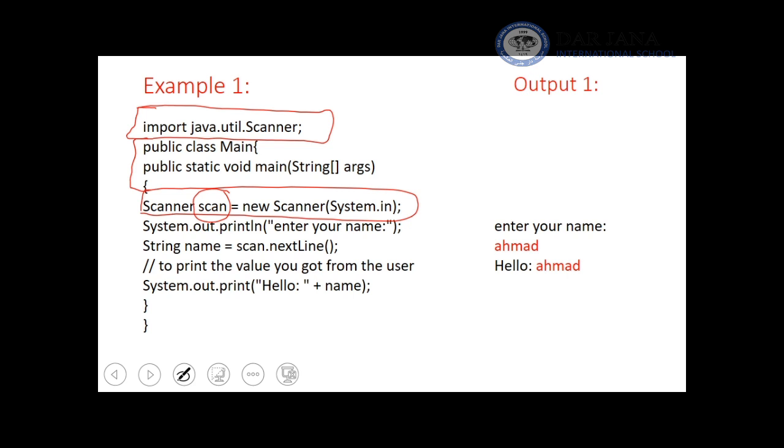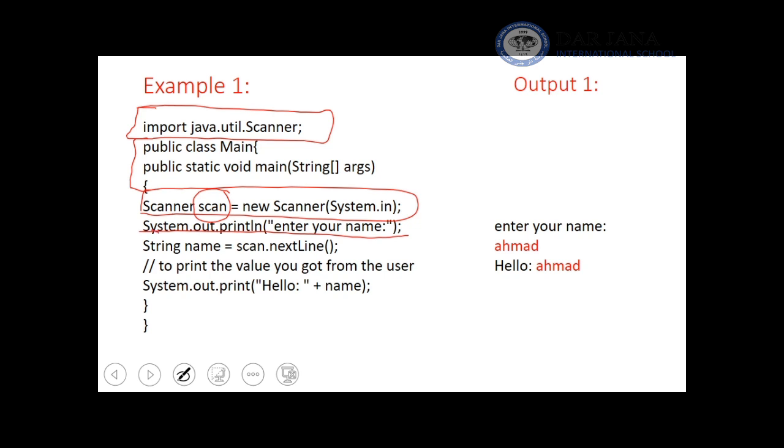Okay, now I have the scanner, and I have the user instruction over here. You have to tell the user what kind of data you need. You have to ask him first: System.out.print, enter your name. The user will understand that he's going to give his name, even if it includes some numbers, letters, or any value. He will take it as a string.